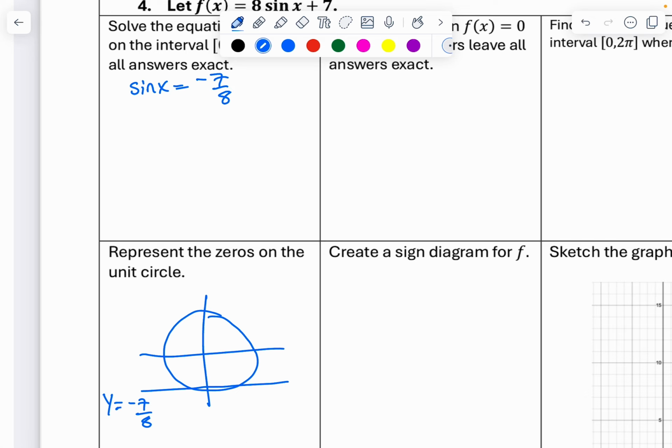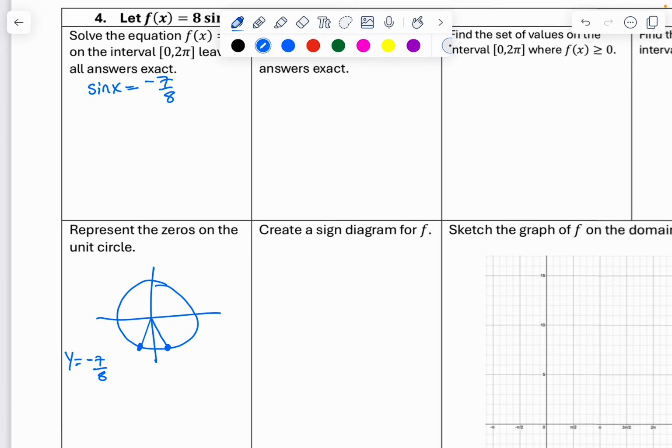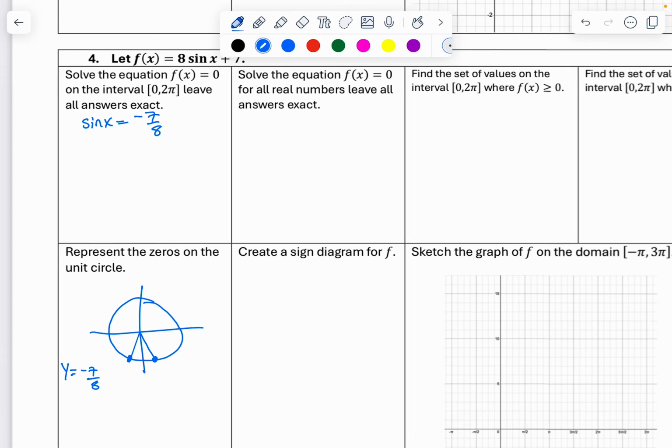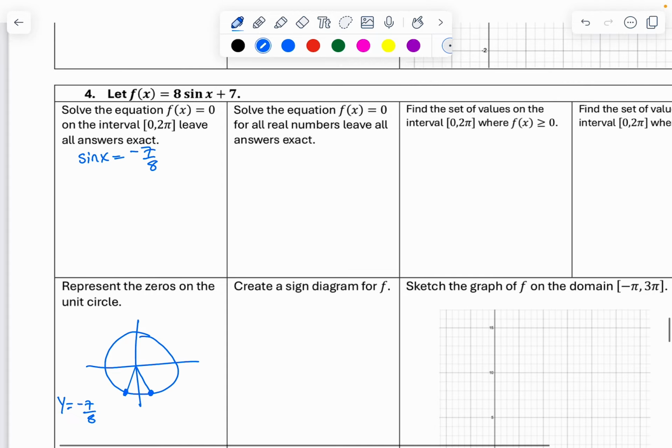I'm finding about two different values down here. One of them is in the 3rd quadrant, and one is in the 4th quadrant. They're asking for exact values, and we're trying to make sure that they live between 0 and 2 pi.